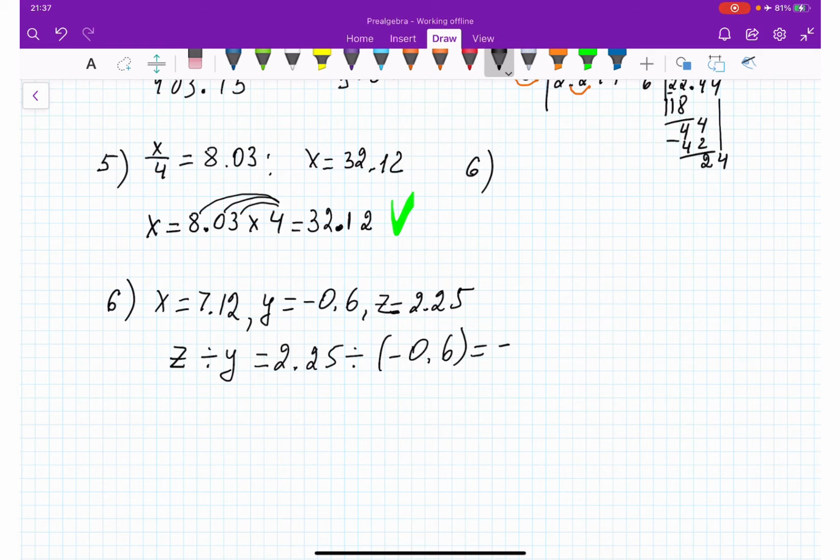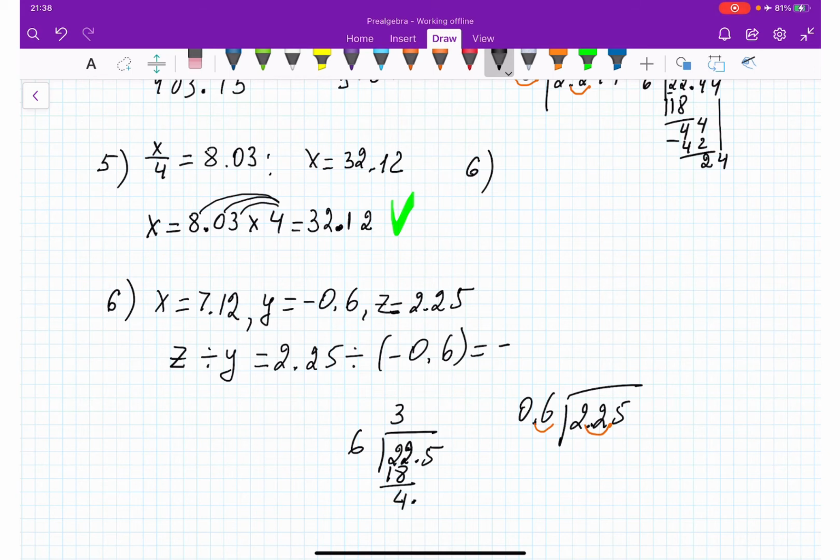Now let's divide 2.25 divided by 0.6. Again, we can't divide by decimal notation, so I'm going to move by one position here, which means multiplying by 10, and here also moving by one position, which means multiplying by 10. And as a result, we will get 22.5 divided by 6. So 22 divided by 6 is going to be 3 times 18, and 22 minus 18 is 4.